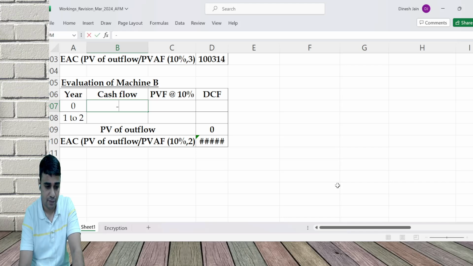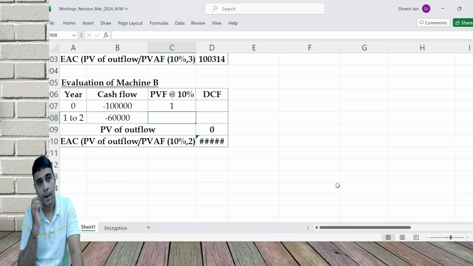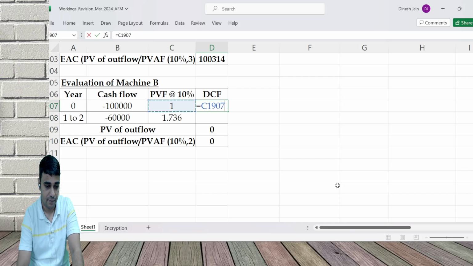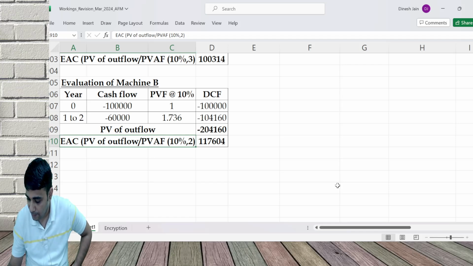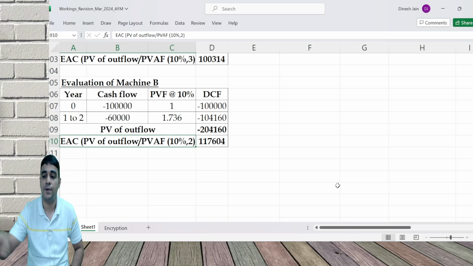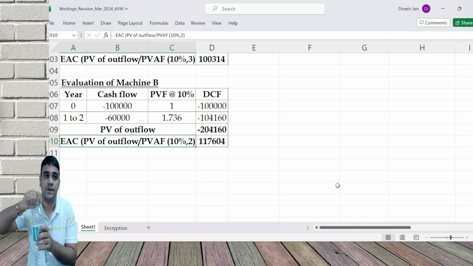Cash price how much? 1 lakh negative. Negative 60,000. Tell me the annuity factor for 2 years. 1.736. 117,604 is the EAC, equated annual cost.